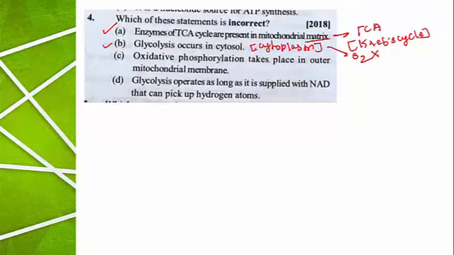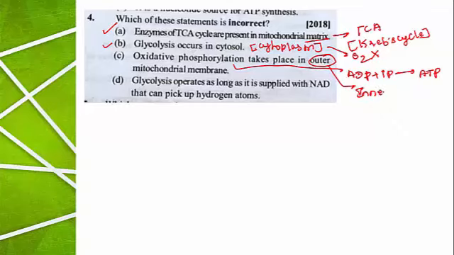Oxidative phosphorylation takes place in the outer mitochondrial membrane. Oxidative phosphorylation, what is this? Oxidative phosphorylation is characterized by addition of inorganic phosphate to the ADP, and finally it is converted into ATP, but this is not taking place in the outer membrane of mitochondria.